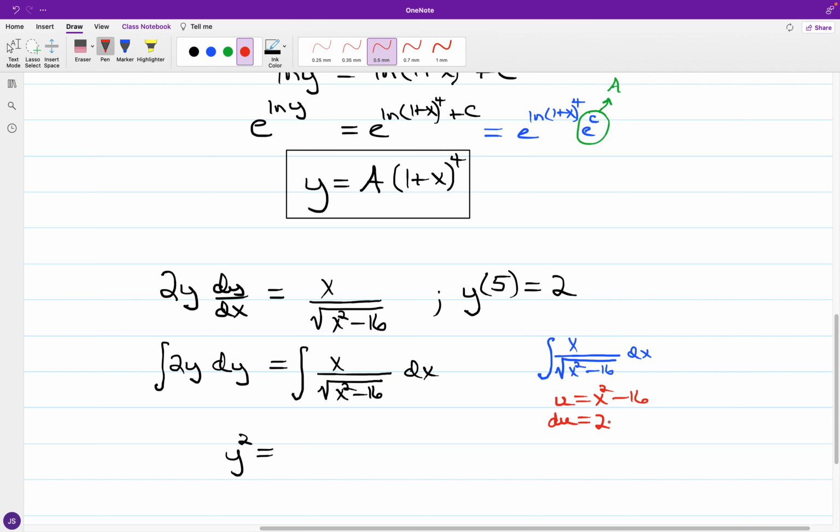If I substitute accordingly, we have the integral of x over the square root of u, and in lieu of dx, I have du over 2x, and if you notice, the x's cancel out. So you're going to have 1/2 of the integral of the reciprocal of the square root of u du, we can write this as u to the negative 1/2 du.